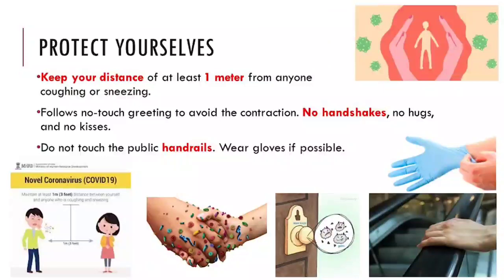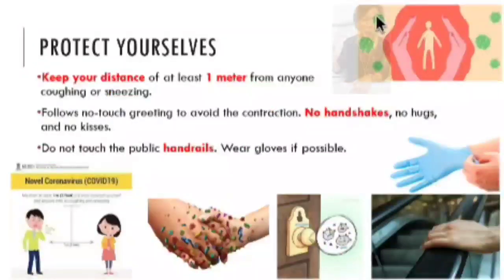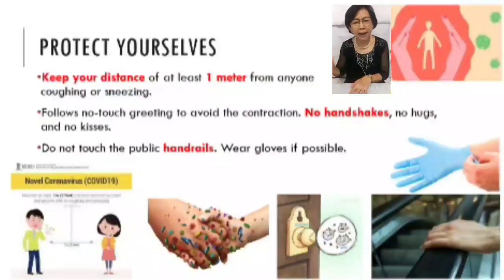And of course, when you go to public, some of us are taking the public transport, or you go to the grocery, the public handrails and the doorknobs. Now, carry disposable gloves with you. Put in a handbag. So if you're going to the public area, you need to hold the ring, wear your glove.